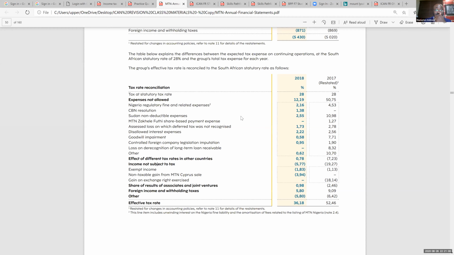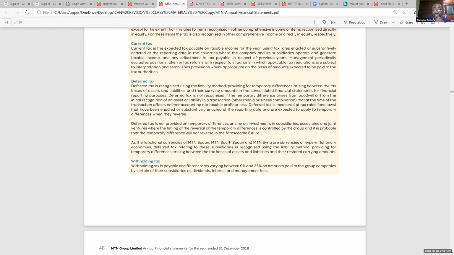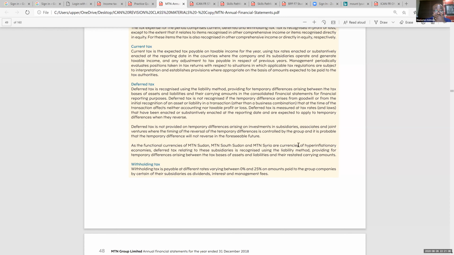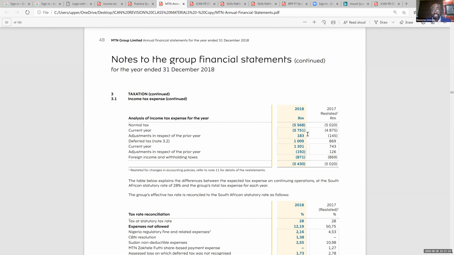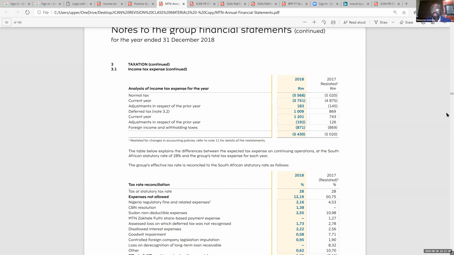The first one is the absolute, reconciling their income tax to their current tax. Okay, the difference between the normal tax and the income tax for the year is what is being shown here. But the relative reconciliation is in percentages.